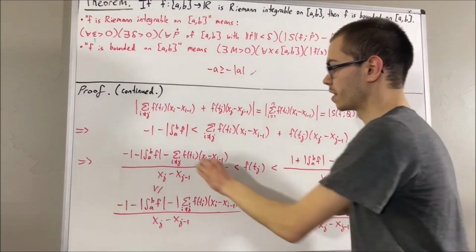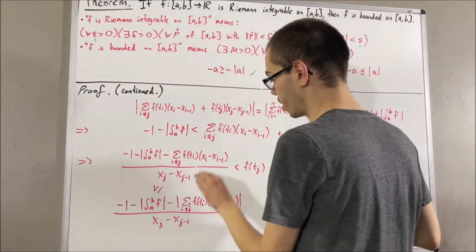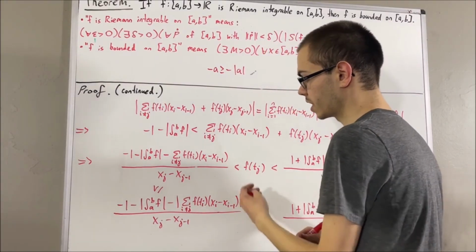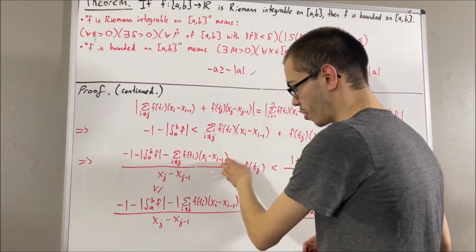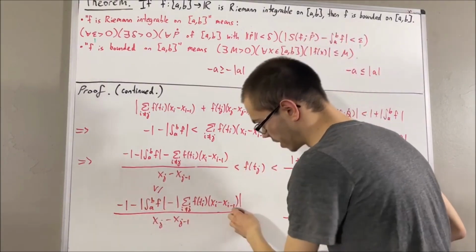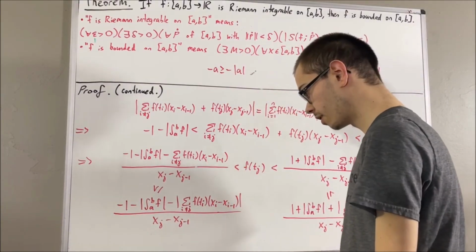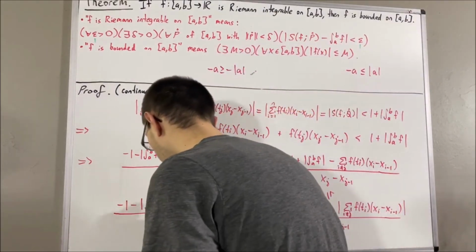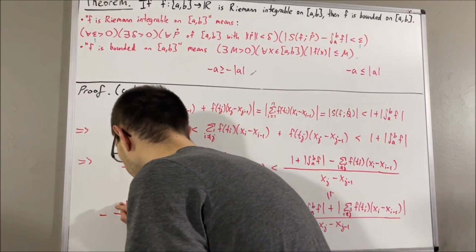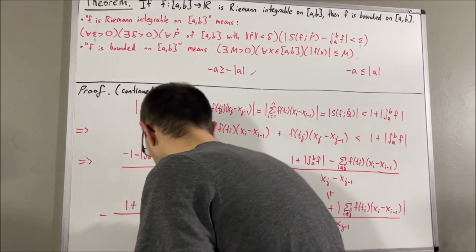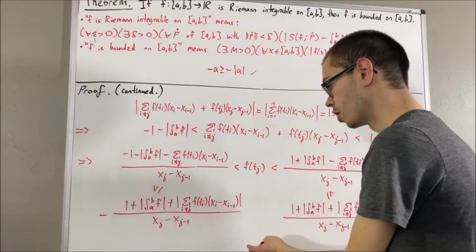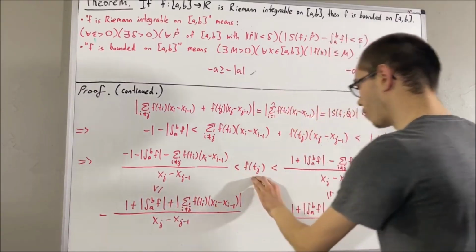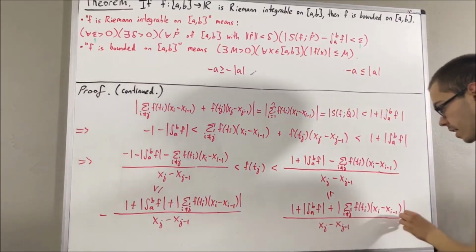So in that case, the negative of this sum must be greater than or equal to the negative absolute value of the sum. And so that implies this entire thing must be greater than or equal to this entire thing. If we pull out the negatives from the numerator and pull it to the outside of the fraction, then we get this. So this guy is less than f of tj, which is less than this guy.